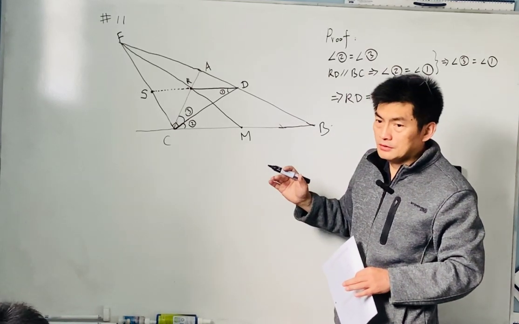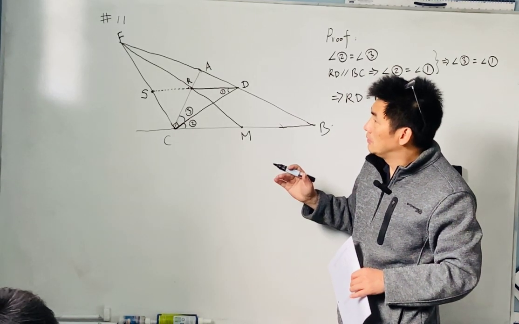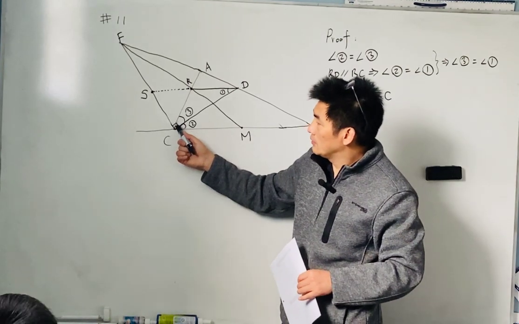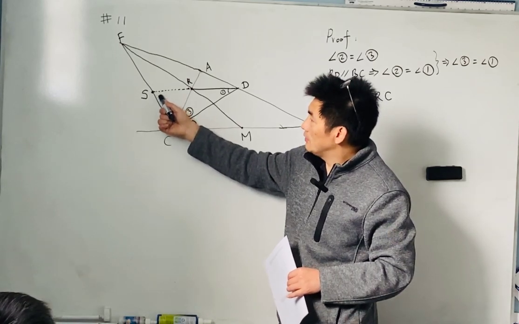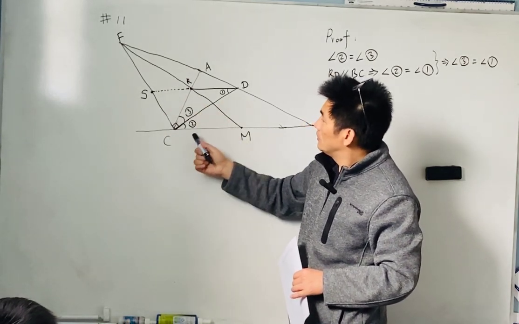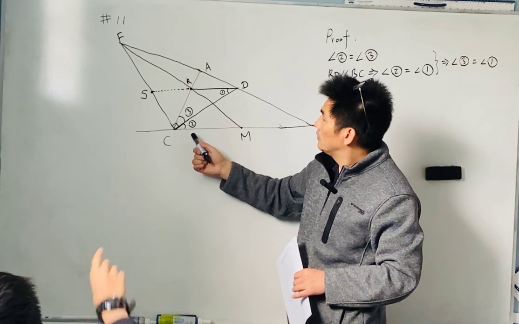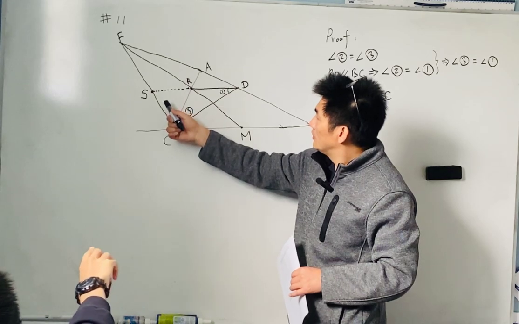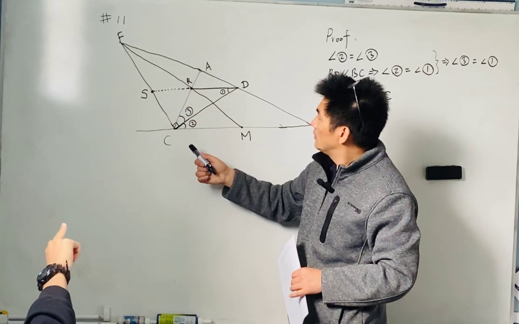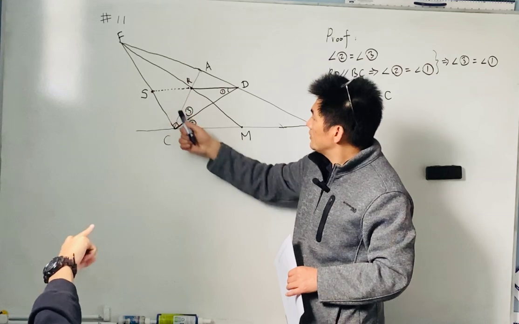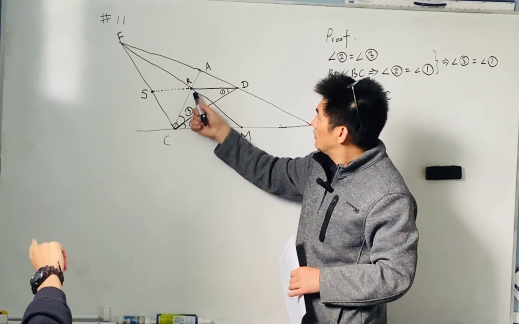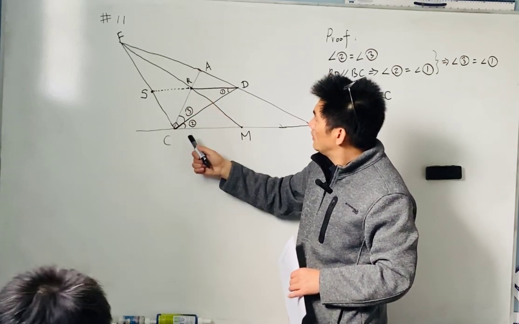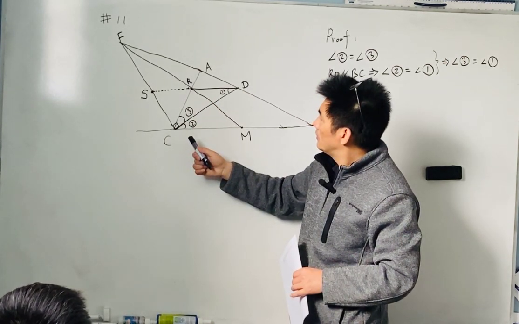The angle SCD, I mean, is 90 degrees. That makes angle CDS equal to angle SCR minus angle DCR. That just makes it an isosceles triangle.